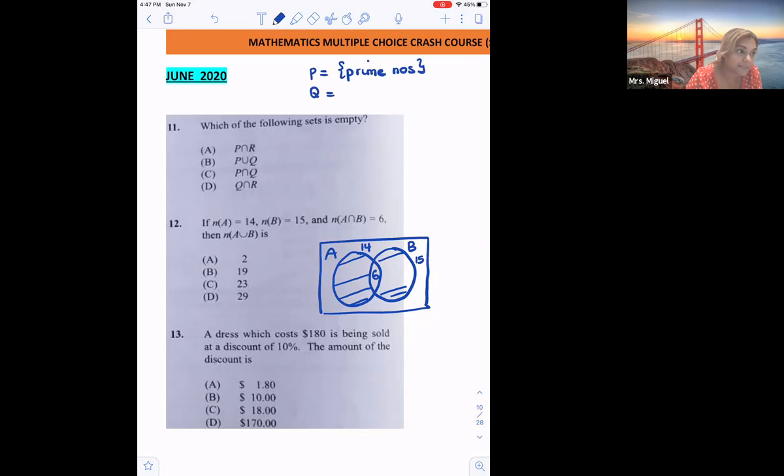Q is the set containing odd numbers. And R is the set containing even numbers. So try 11, 12, and 13, and let's see if you come up with the right answer. There's no need to write the question. The worksheet will be sent for you.